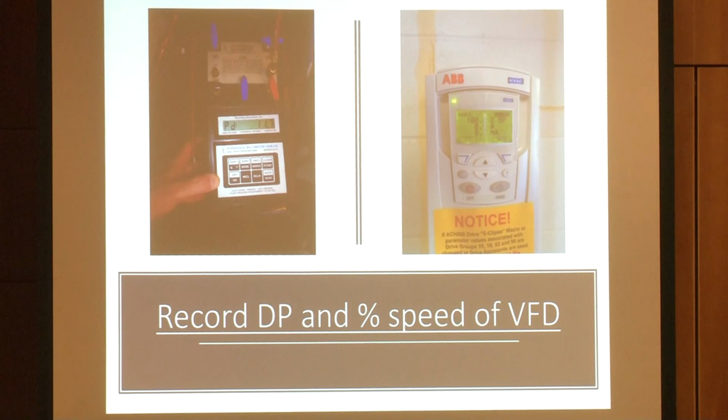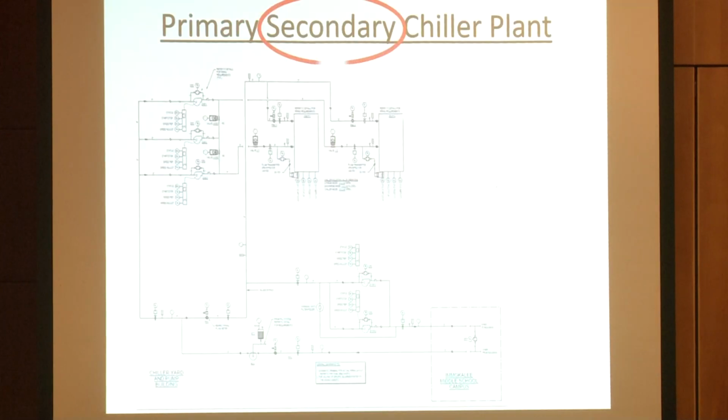And then many times we will write what that speed is, and then we will set the maximum speed of that pump at whatever hertz or speed we set it at. That way the pump can never go higher than that. And that's important, that you don't over pump the chiller, very important. So that's how we do that on the primary side.